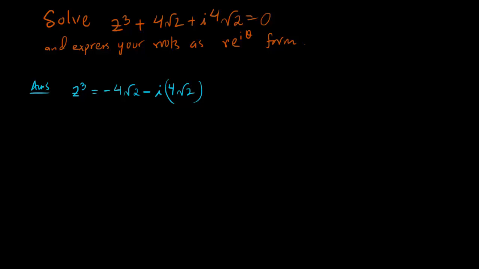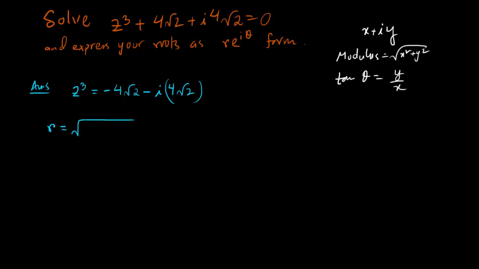As we know, if a complex number is x plus iy, the modulus of that complex number is going to be square root of x squared plus y squared, and the argument is going to be y by x. But I always recommend that you draw the Argand diagram before figuring out what the argument is. So first of all, let's find the modulus r.